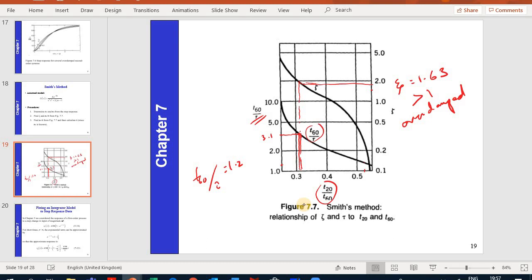So this is 0.55, and now this is about 1.35, let me say, and my value of xi, which is not easy to identify here, will be somewhere like 0.3 something, so we'll say about 0.32.